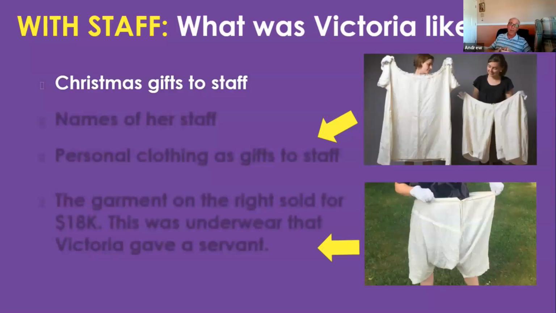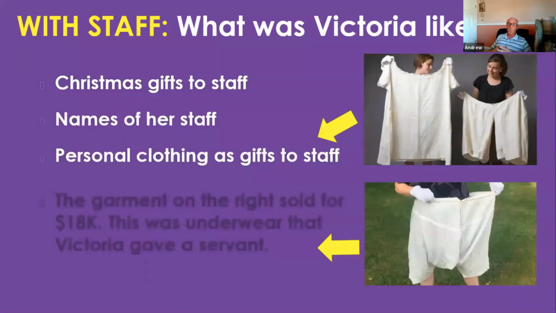And I actually found out more about how Victoria treated her servants, which is that when undergarments could no longer be reused, it seems that she gave them to her staff, her servants, not her courtiers, but to her personal servants, the women who took care of her, who bathed her, who washed her clothes, who fixed her hair. She gave them her used undergarments.